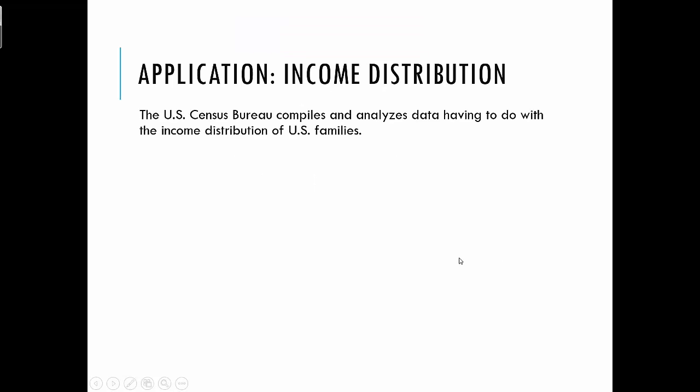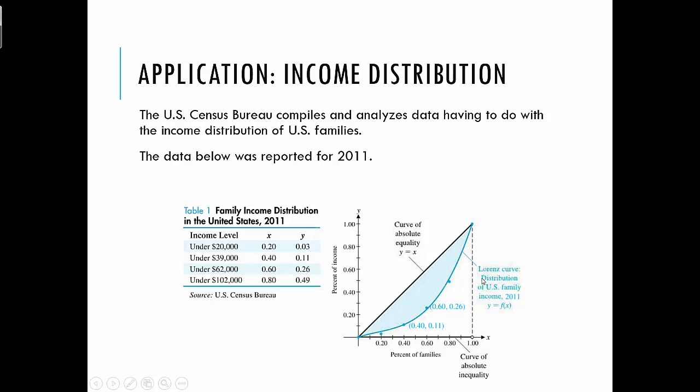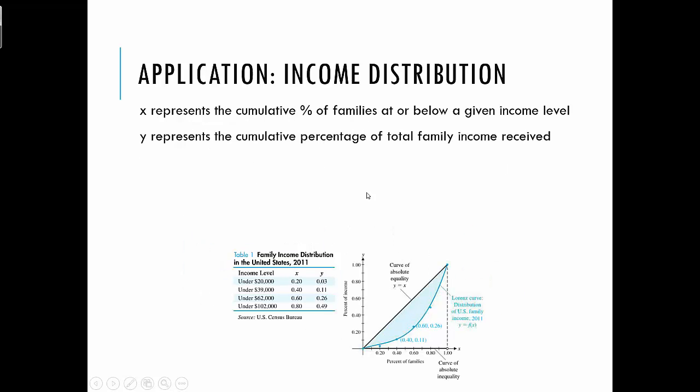Well, let's look at an application of this. The U.S. Census Bureau compiles and analyzes data having to do with income distribution of U.S. families. So this data was reported below, and we have what's called this Lorenz curve. So X represents the cumulative percent of families at or below a given income level.